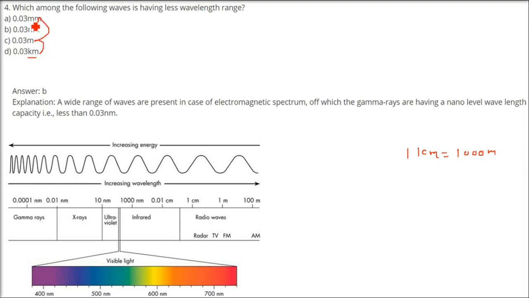Millimeter is 1 by 1000 of a meter. Nanometer is 10 to the power minus 9 meter; if you divide a meter by 10 to the power 9, nanometer will come. So which is the least? Nanometer.